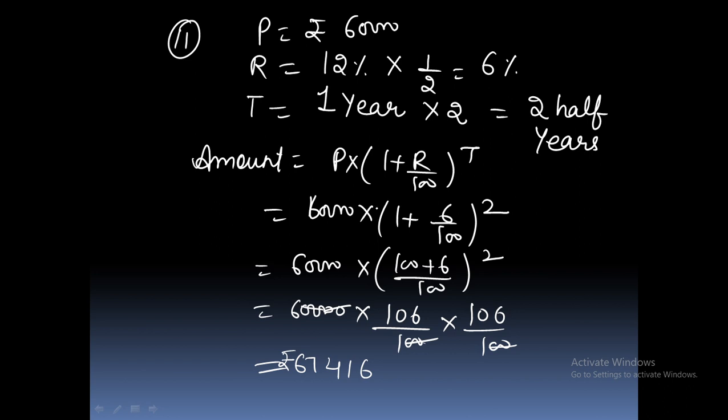So that's why we will take the rate of interest for half year, and the time will be multiplied by 2, because within 1 year you have to pay 2 times compound interest, and you have to pay a total amount of 67,416 after 1 year.